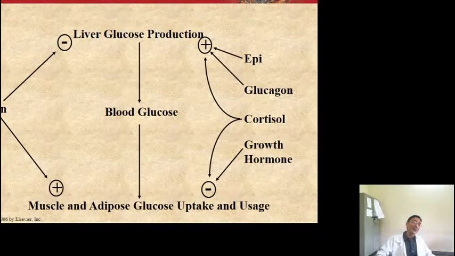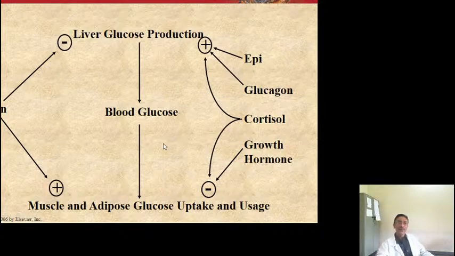Now, control of blood glucose from a physiological point of view. Here is the blood glucose level, and the liver is producing glucose. This glucose production increases the blood glucose level. On the other hand, the excess blood glucose is taken up by the muscle and adipose tissue.